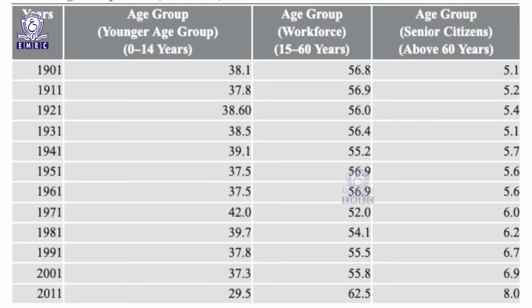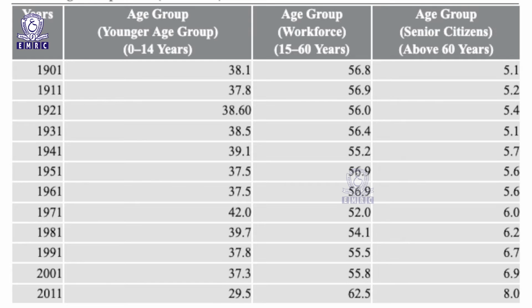Characteristic demographic character: age composition. Age composition is also an important characteristic of population. It helps in ascertaining the longevity, workforce, and the dependent population. The table, which is displayed now, vividly shows that between 37 and 42% was the younger age group in the last century, while the workforce varied between 52 and 57%.